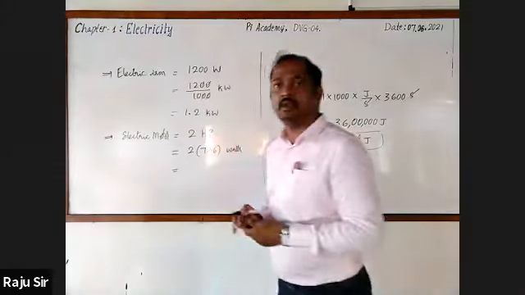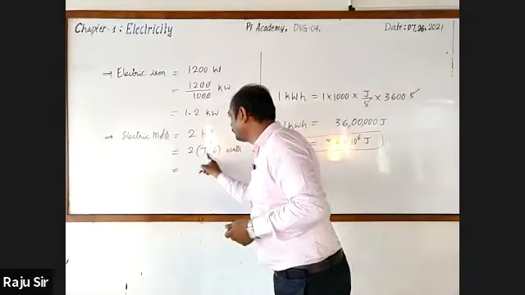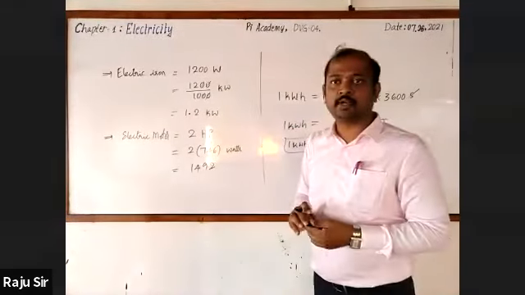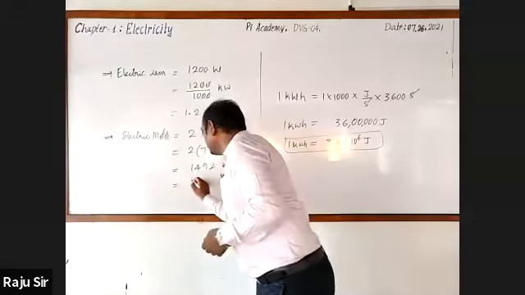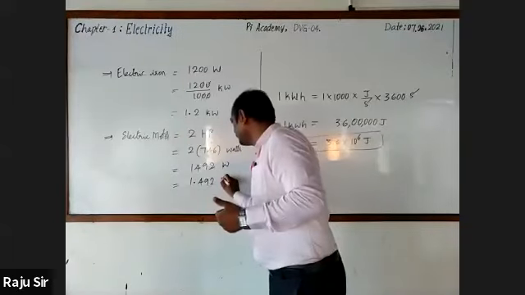So it is 2 into 746. Now multiply. 2 6s are 12, carry 1, 2 4s are 8 plus 1 is 9, 2 7s are 14. 1492 divided by 1000. Very good. Shall I write it directly? 1.492 kilowatt.